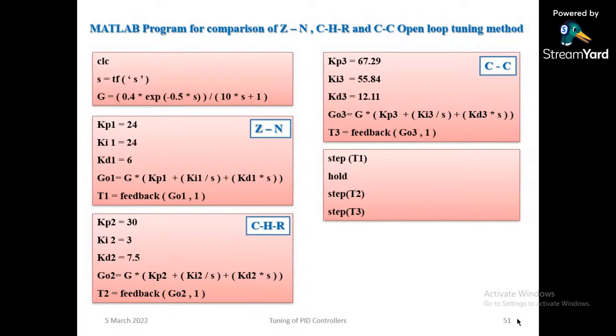Suddenly suppose there is an entrance of some disturbance or something, noise came from somewhere, disturbance came, right? That disturbance may be internally generated or from external also. What do you think? PID controller should reject the disturbance or not?